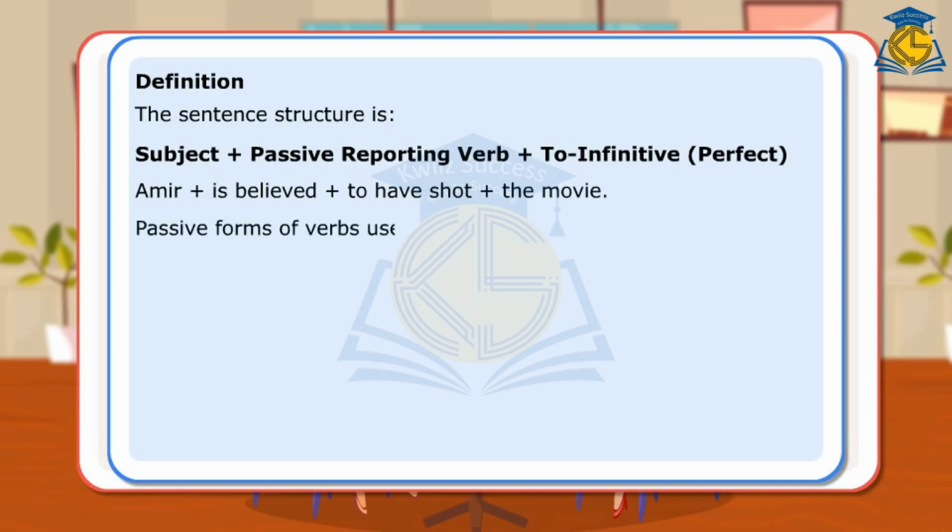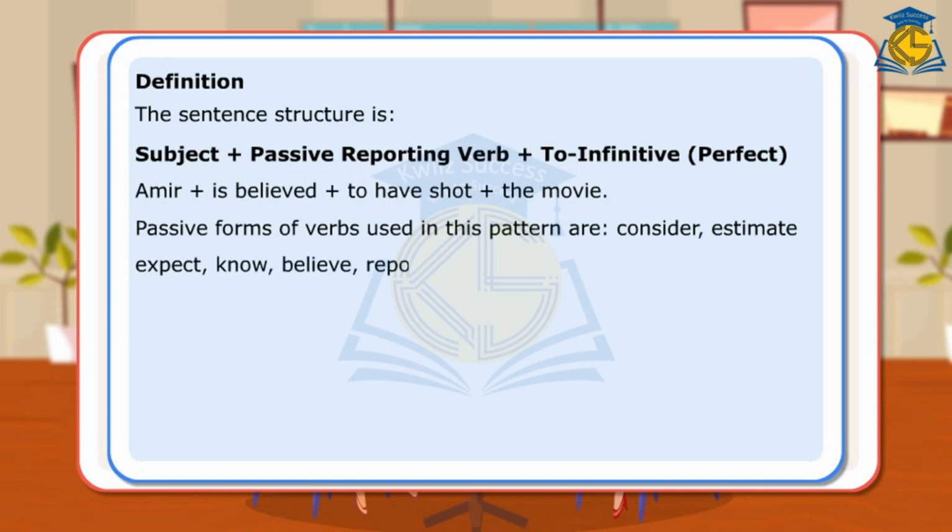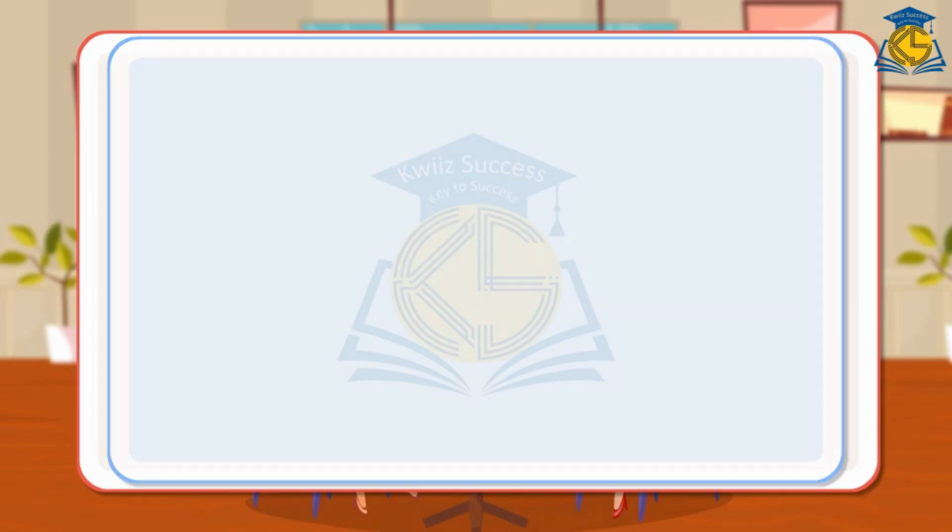Passive forms of verbs used in this pattern are consider, estimate, expect, know, believe, report, say, think, understand, and to be rumored. Let's have a look at these sentences.